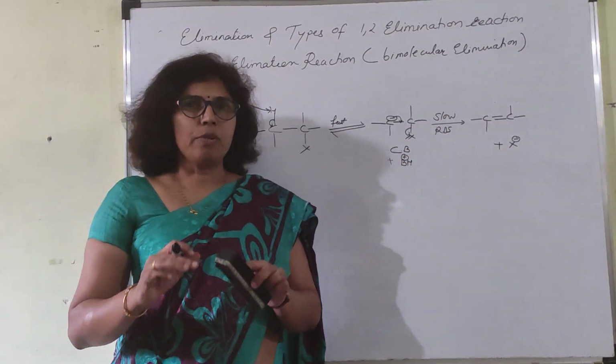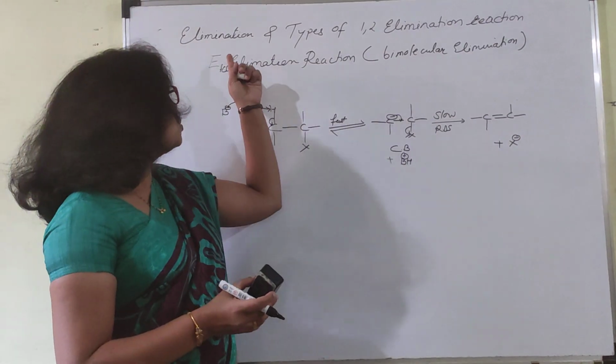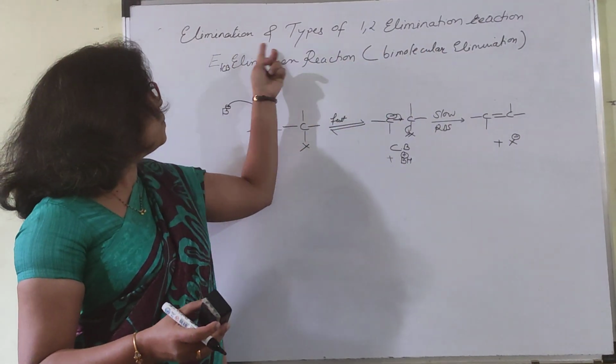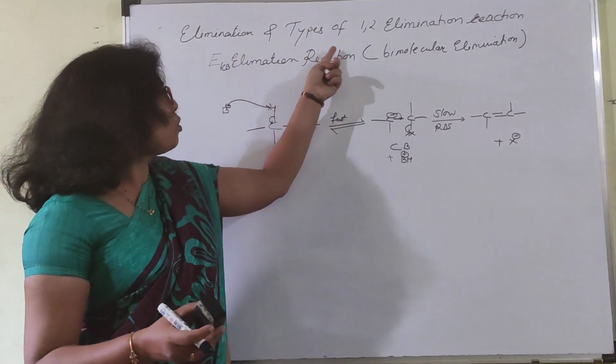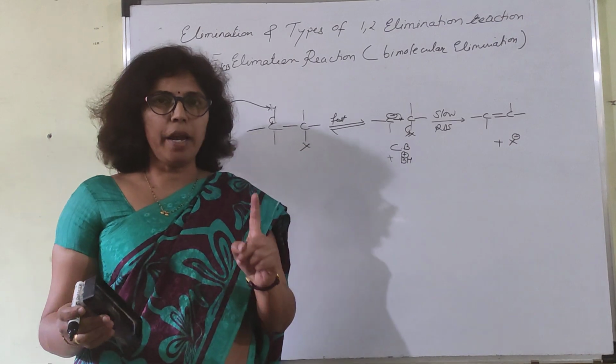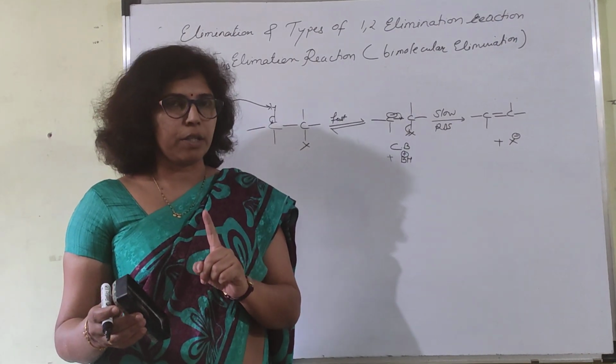So just to summarize, elimination and types of 1,2 elimination reaction. There are three types of 1,2 elimination reaction: E1, E2 and E1CB elimination reactions.